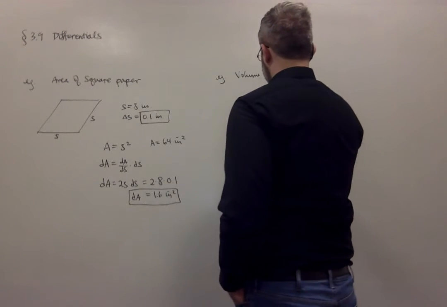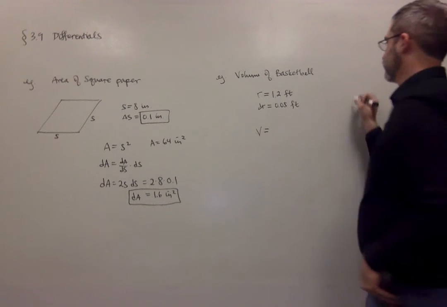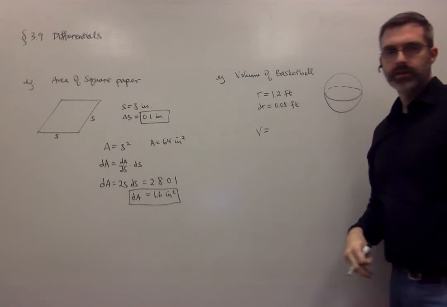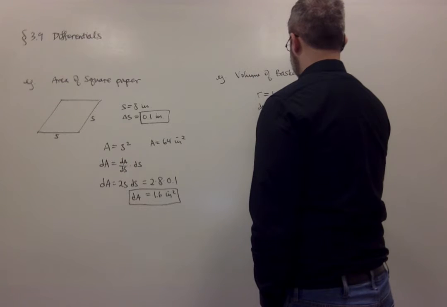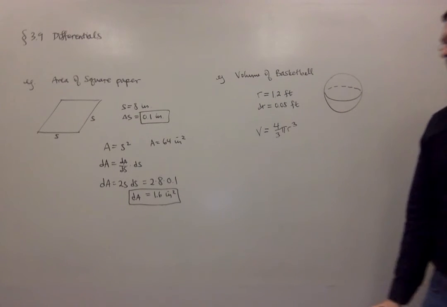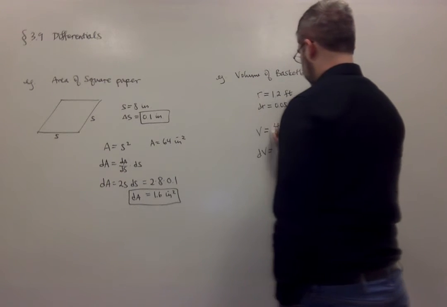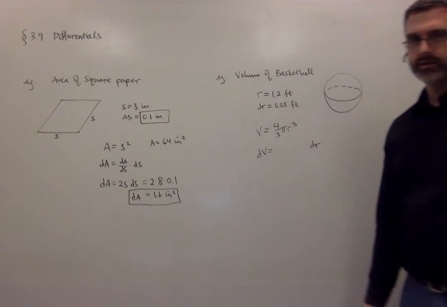But my volume formula, do you remember the volume of a sphere? Volume of a sphere is 4/3 pi r cubed. So my error in my volume is going to be the derivative of this times my error in my radius.